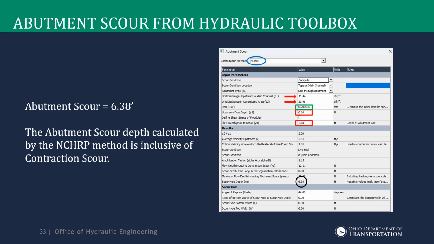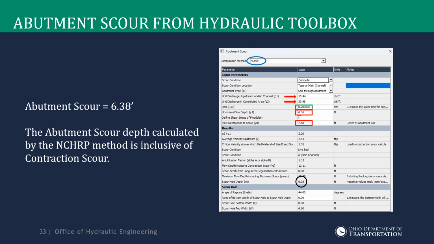So we see the computation method is NCHRP, and we have the unit discharge that we calculated in the previous slides and put that into here, and there's the D50 of 0.2, and then we pulled the upstream flow depth and the flow depth prior to scour from the cross sections, and we came up with 6.38 feet.